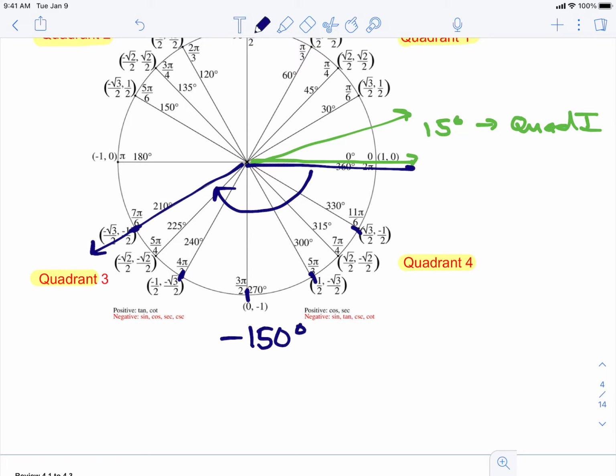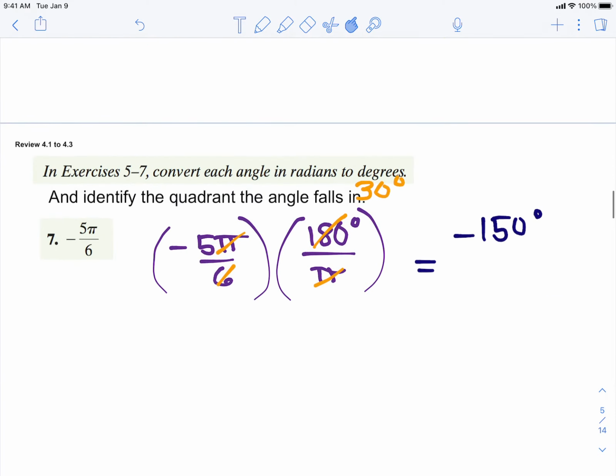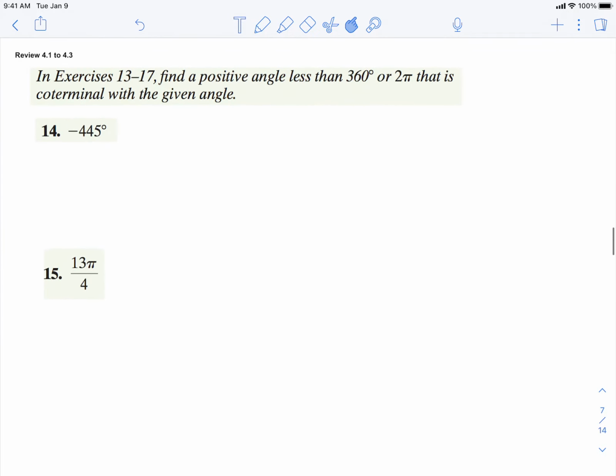Which quadrant does it fall in? It falls in quadrant 3.